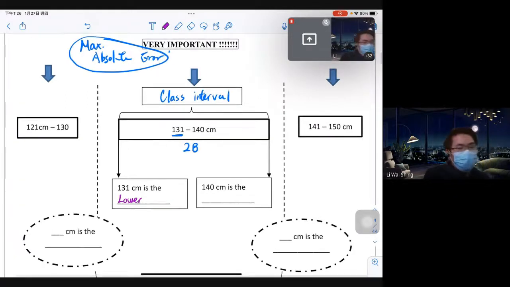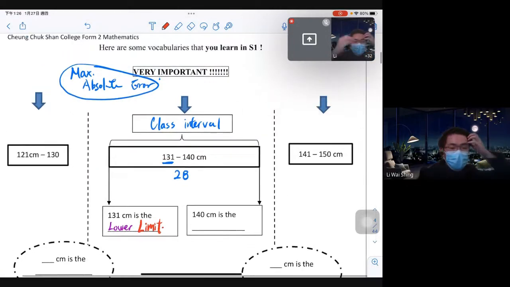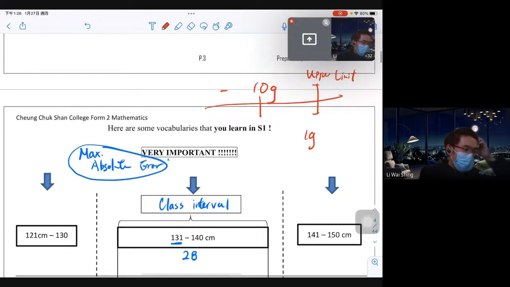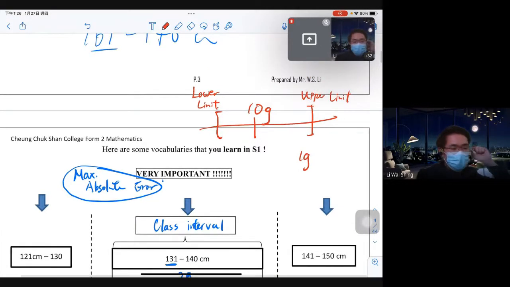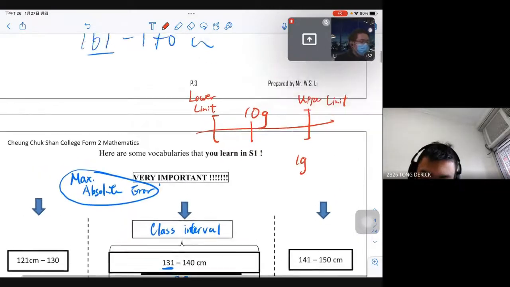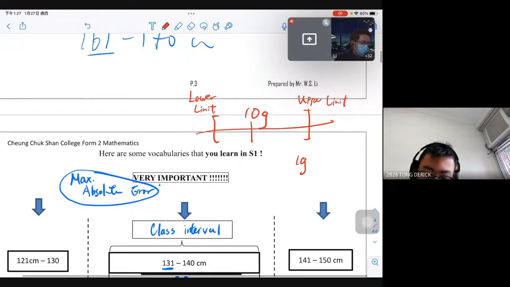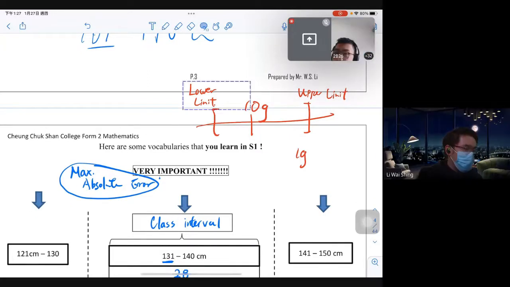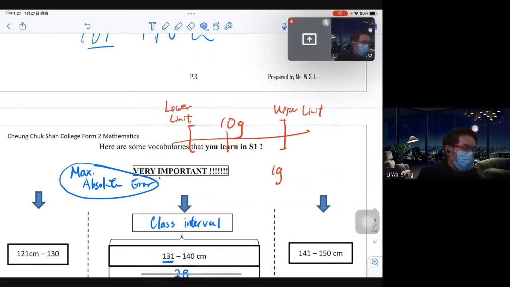Okay, sorry to tell you that this is called the lower limit. Mr. Lee, when you talked about 10 gram to the nearest 1 gram, that one was called the upper limit, and this one we call the lower limit. Yes, Derek. The reason is that if we use class interval, 131 is indeed the lower limit, but 130.5 becomes the lower boundary. Correct, very good.